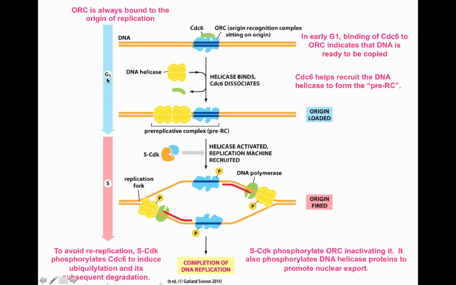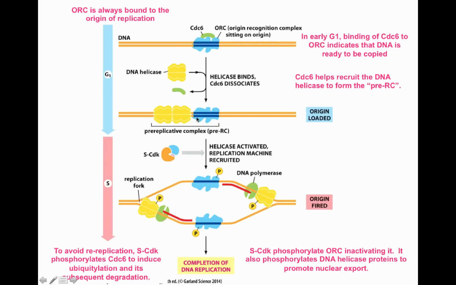Now, as the cell begins to pass through the G1 state and is getting ready to replicate its DNA during S phase, you're going to have binding of ORC by a protein called CDC6. CDC6 is able to bind to ORC, and when it binds to ORC, it helps recruit DNA helicase into the origin of replication.